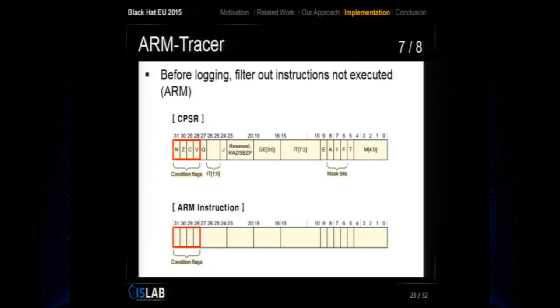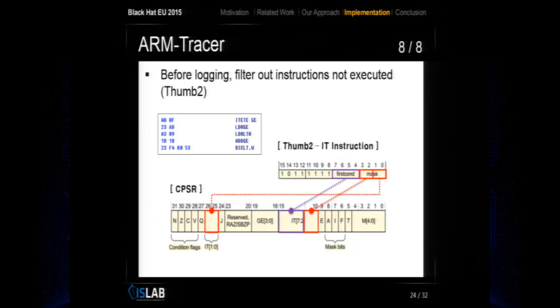So we have to compare the condition flags between instruction and CPSR before saving. And in general, the Thumb state instructions have no condition flags, but there is an exceptional case. The IT instruction of Thumb-2 instruction set provides conditional execution.